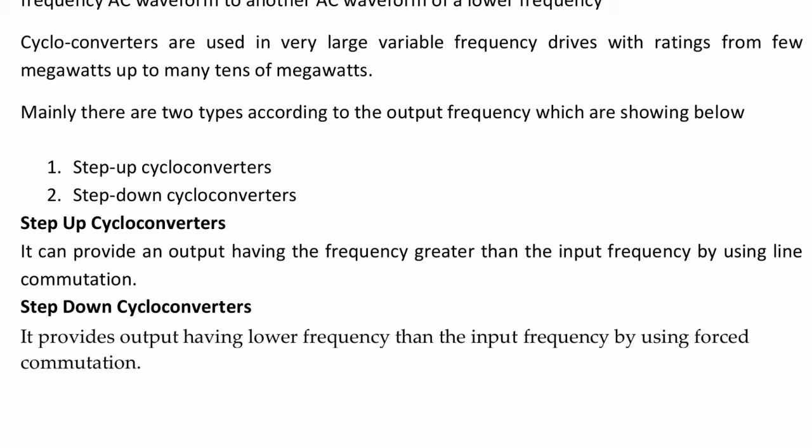The turning off of the SCRs is done through force commutation. So this is the basic difference between step up and step down cycloconverters. In this video, I will tell you about step up cycloconverters, their circuit diagram, working and waveforms.